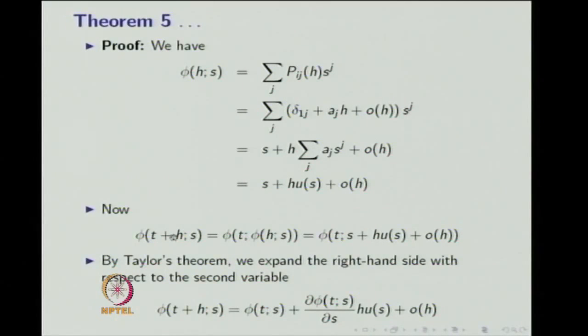We know that by Theorem 4, psi(t + h, s) will be psi(t, psi(h, s)). So substitute psi(h, s) with s + h u(s) + order of h. Therefore, this will be psi(t, s + h u(s) + order of h). By Taylor's theorem, we expand the right hand side with respect to the second variable.